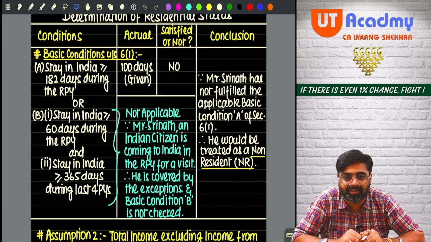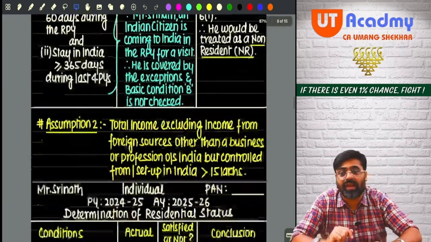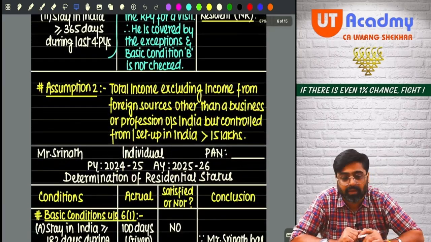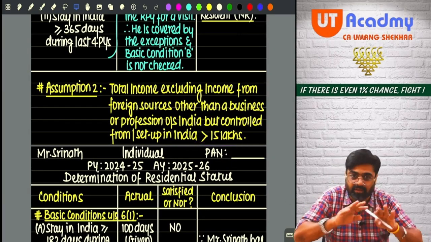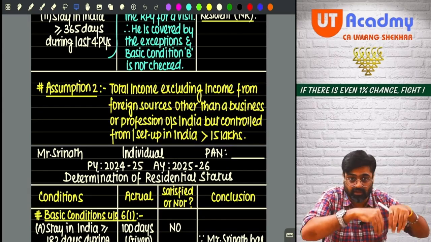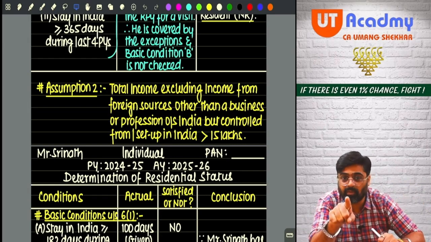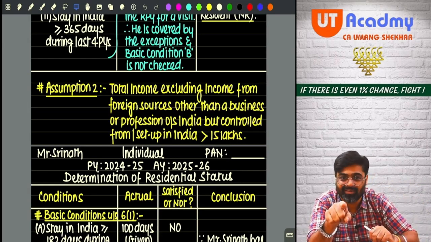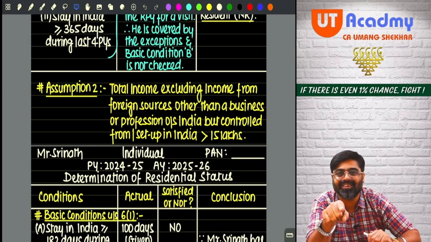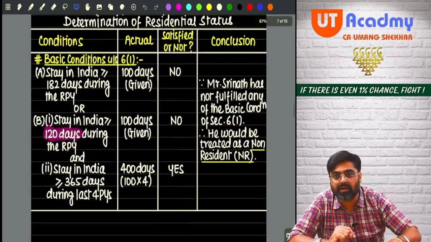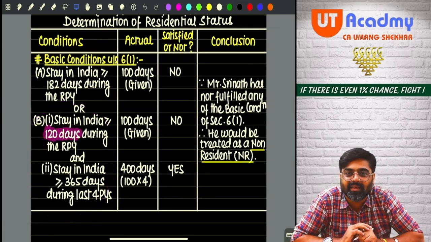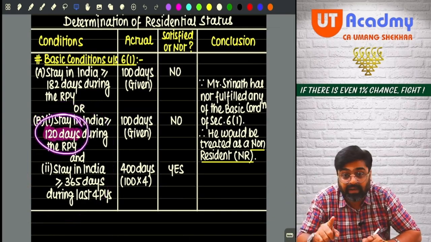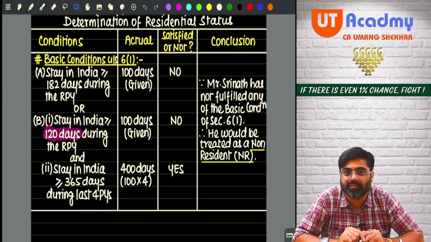Now in the same case, we have another assumption: what if his total income is more than 15 lakhs? Srinath, an Indian citizen coming to visit, and we assume his total income is more than 15 lakhs. Will Srinath be covered by the exception? No. He will be covered by the special case now. In the special case, the basic condition B also becomes special. Instead of 60, I have written 120 and highlighted it.